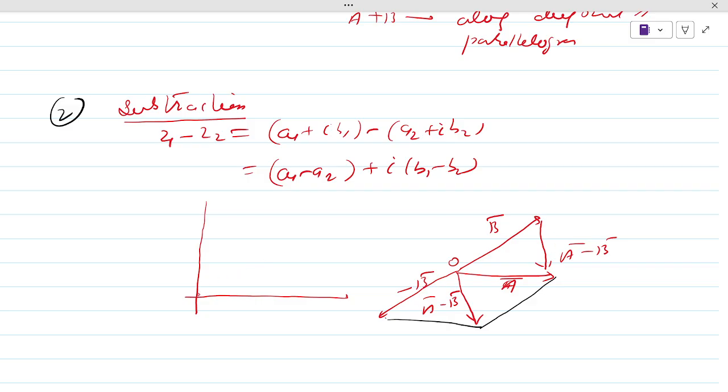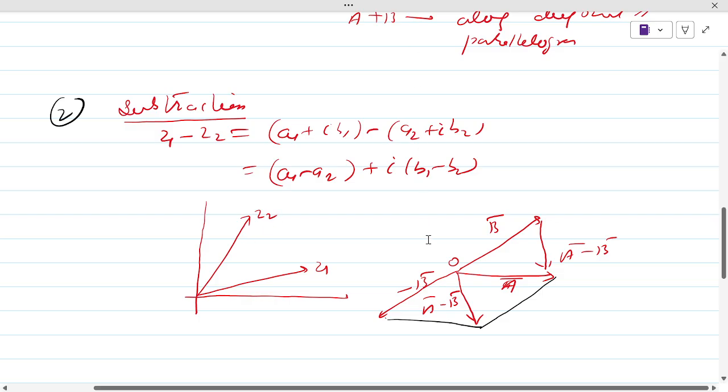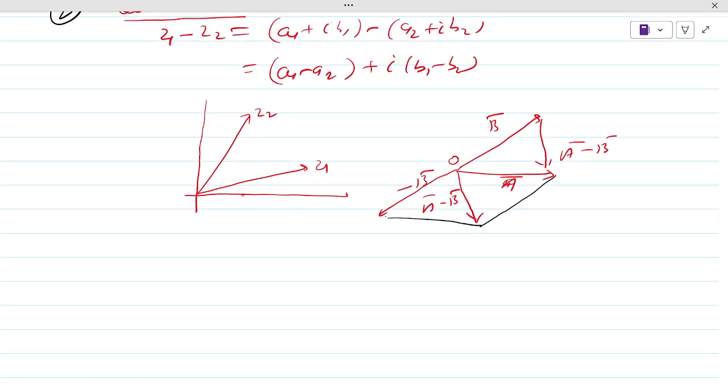In the same way in complex numbers. Let's say this vector is z1 and this vector is z2. Clearly for z1 minus z2, I will draw like this: this is minus z2, and we form a parallelogram with this.